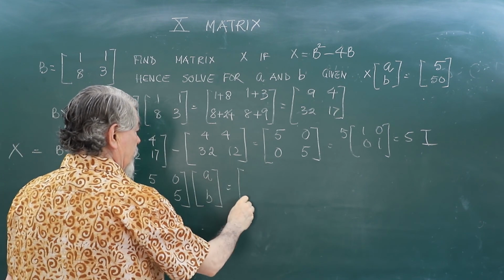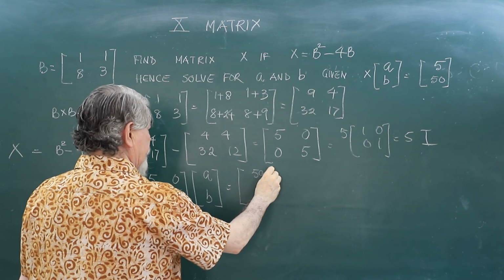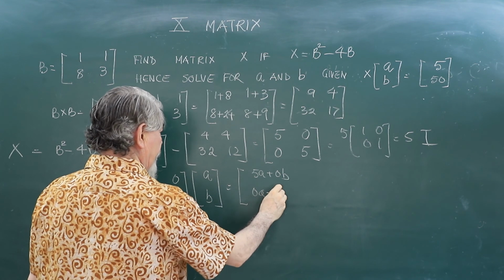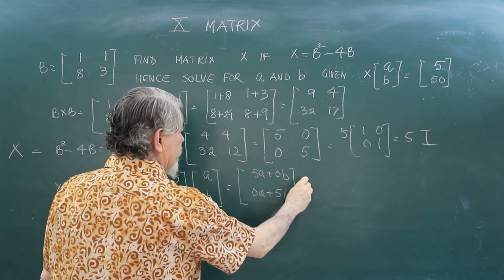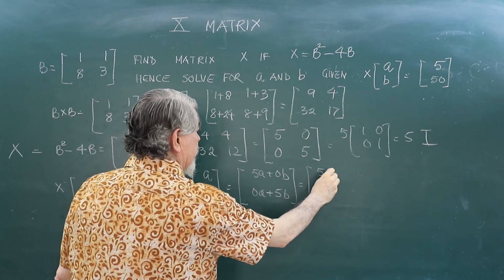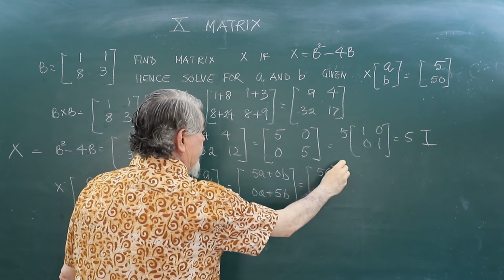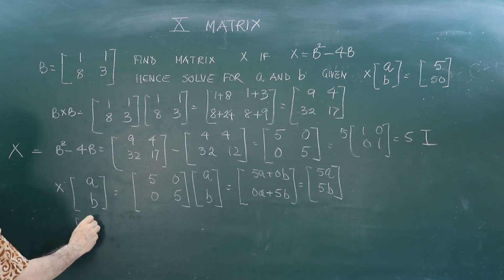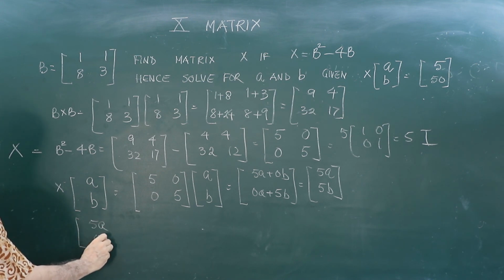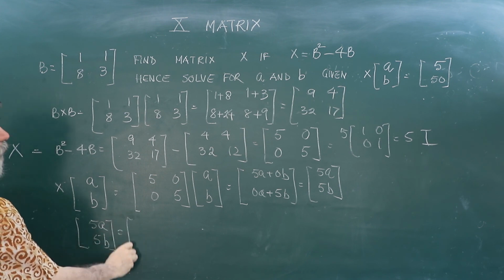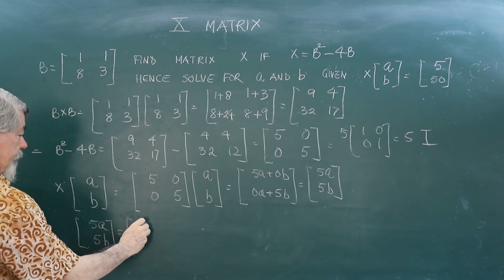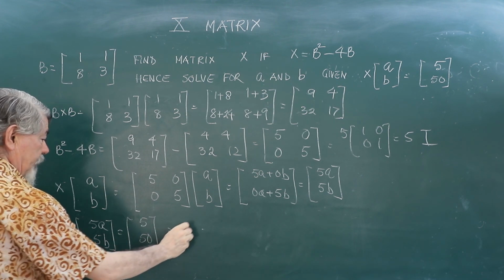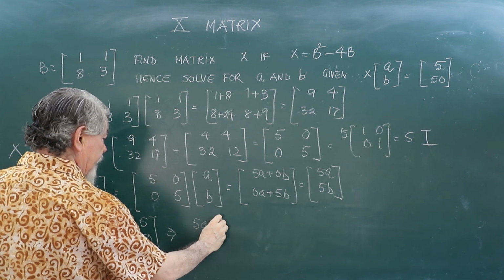It will be 5a plus 0b and 0 into a plus 5b. So you will get 5a and 5b, and this should be equal to 5 and 50. So that will imply 5a is equal to 5.